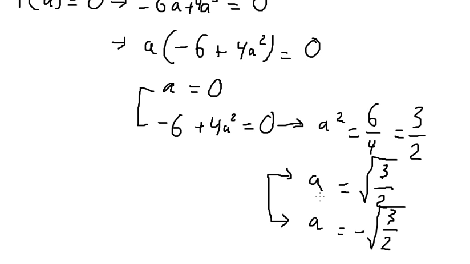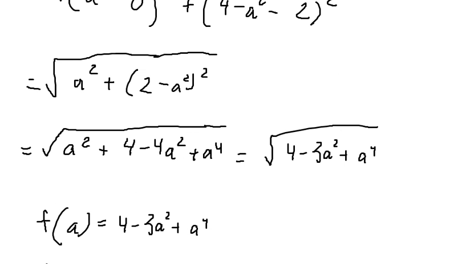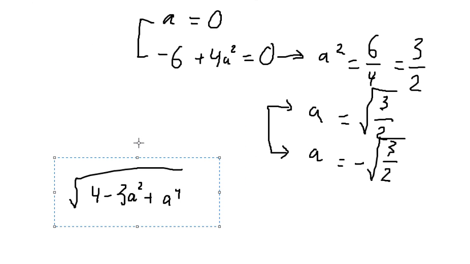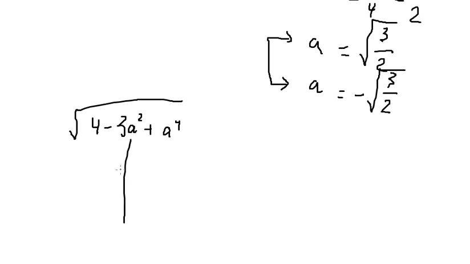After you got this, we can put it back into this equation. So when a equals 0, you get the distance in here, the square root of 4, we have 2.